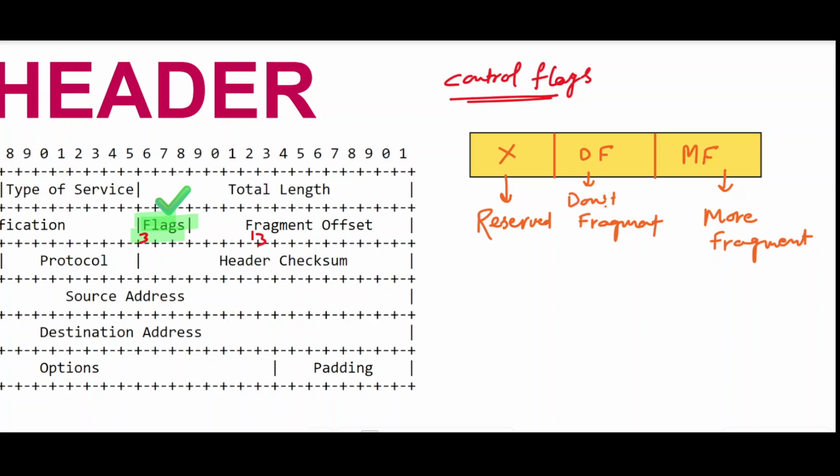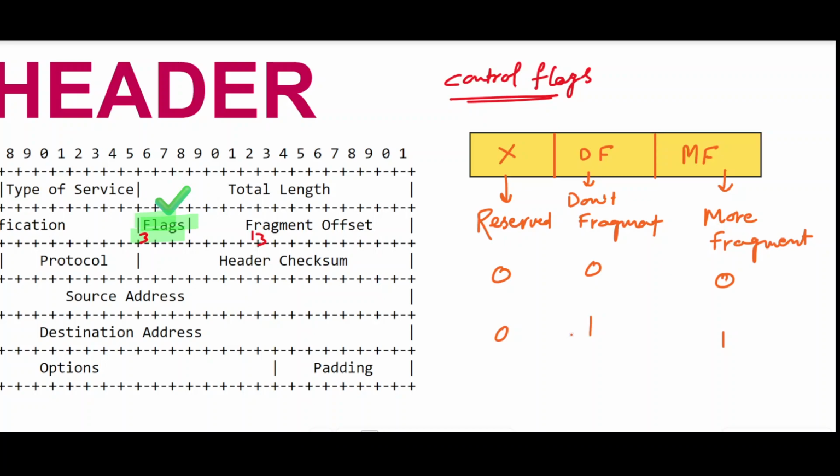For don't fragment, we use 2 bits, one is 0 and one is 1. The first bit we never use, so always 0 is used there. For more fragment we also use 2 bits, 0 and 1, so there are 2 ways.